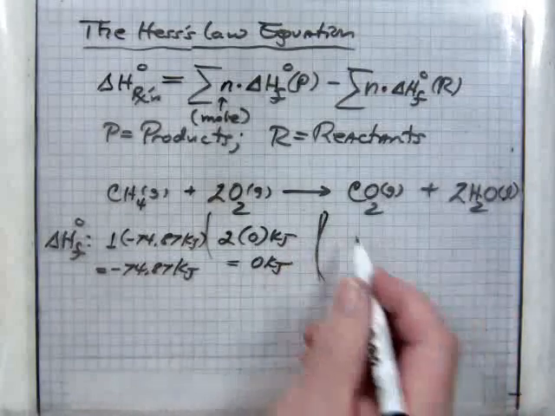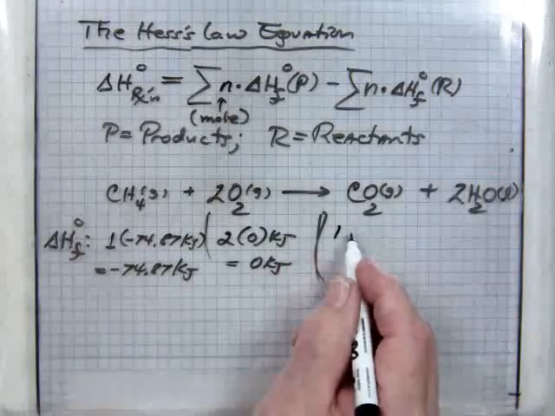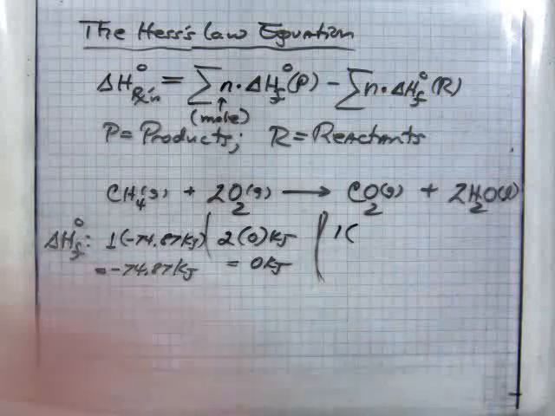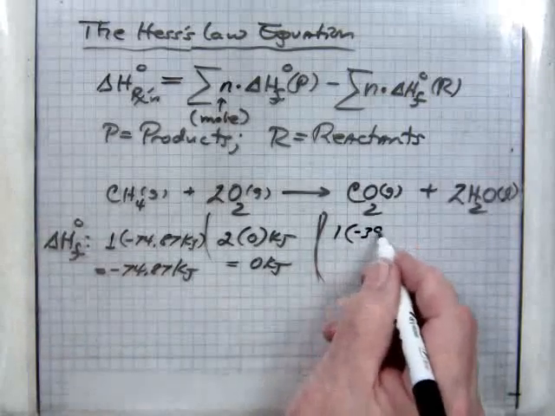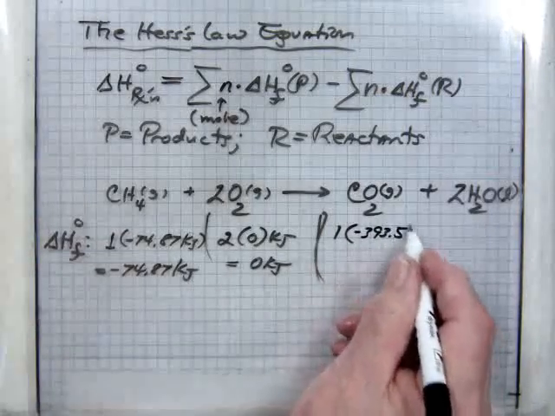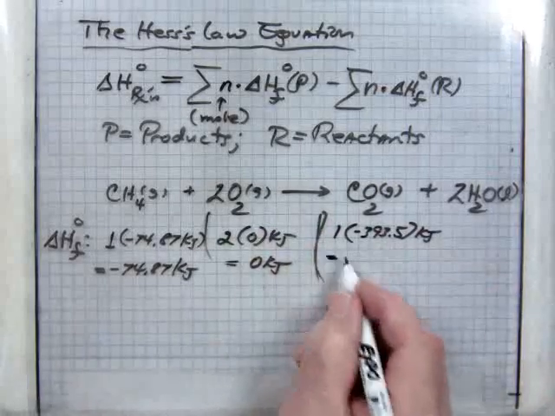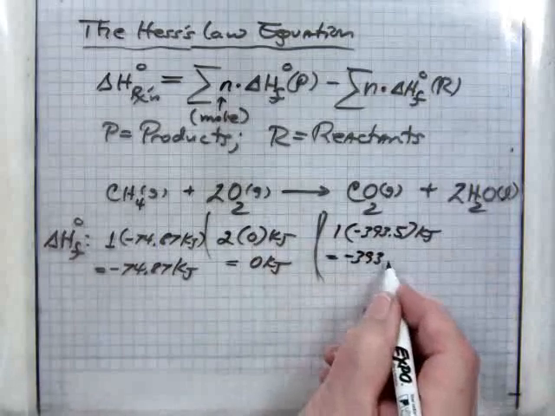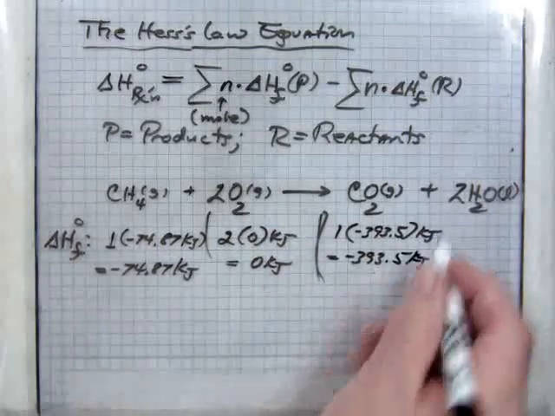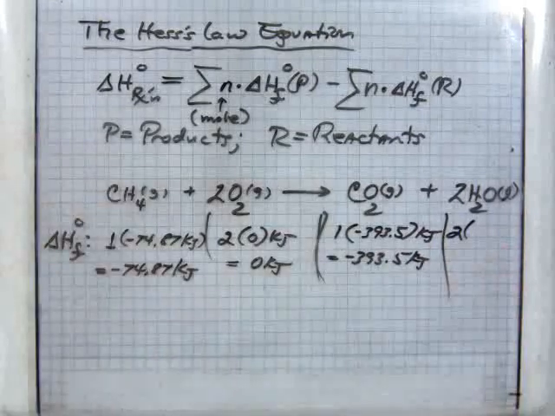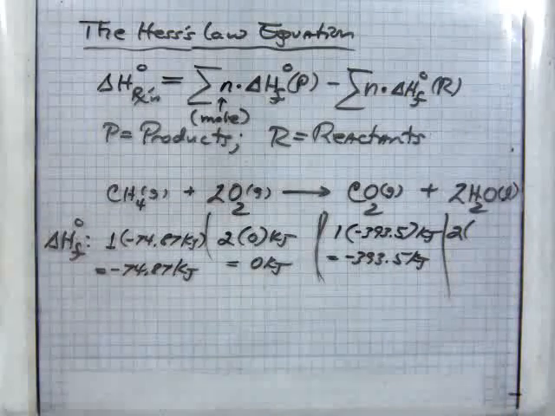On the product side, you have 1 mole of CO2, and looking up CO2 gas, it's minus 393.5 kilojoules per mole, and so forth, minus 393.5 kilojoules. And then 2 times the water, that is a minus 285.8.